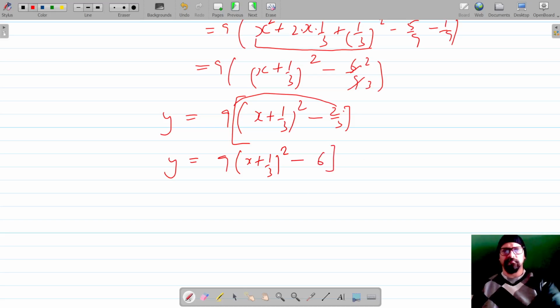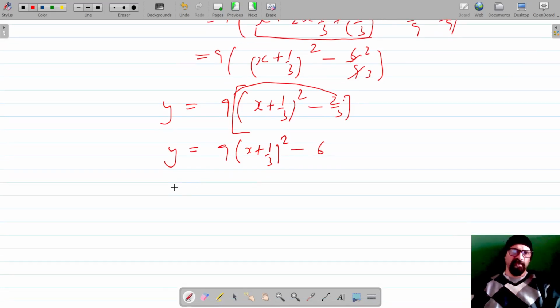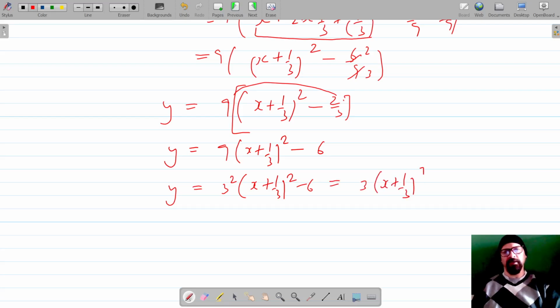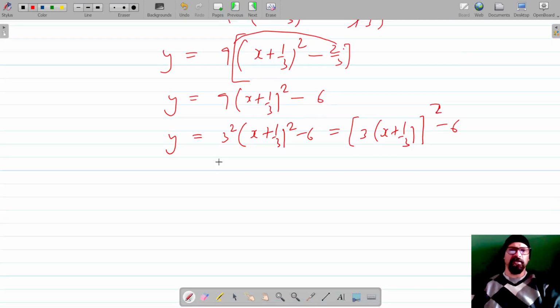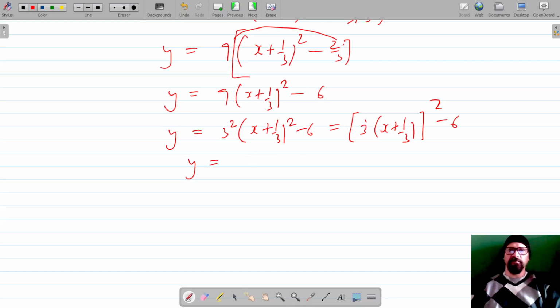Now 9 can be written as 3 square, so this is 3 into x plus 1 by 3 the whole square minus 6. Finally, multiplying this out, it reduces to 3x plus 1 the whole square minus 6, and this is y.